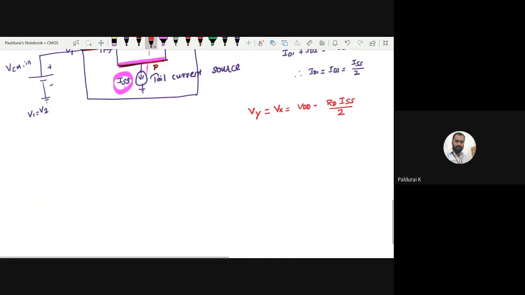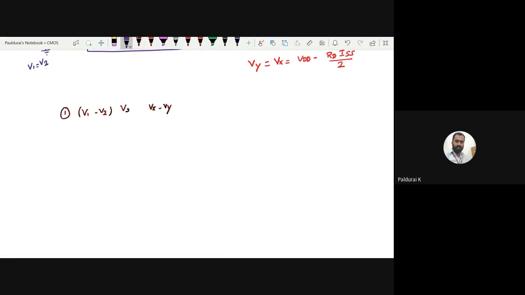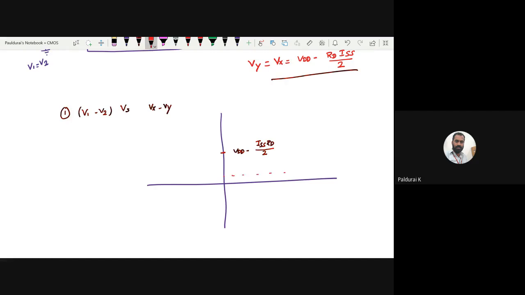So straight away, can I sketch all the waveforms? First one, V1 minus V2 versus Vx, Vy. How will this waveform look? I want to mark 3 levels. This is first case 1. When V1 equals V2, what came? This is VDD minus ISS RD by 2. Then what would come on the lower level?